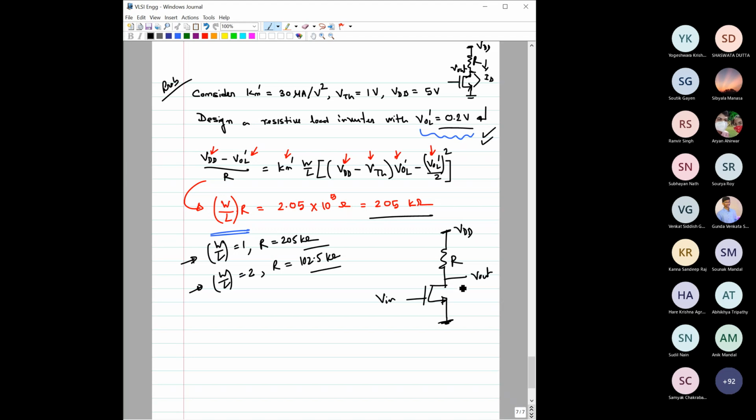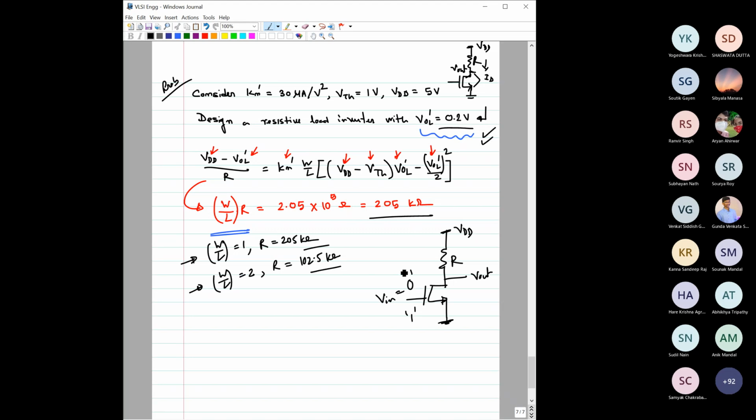This is a digital circuit, so it can be operating in logic 0 or logic 1. Logic 0 means basically 0 volt, and 1 means it is VDD. For this it is VDD only. And here logic 0 means close to 0, or it is 0.2 volt.